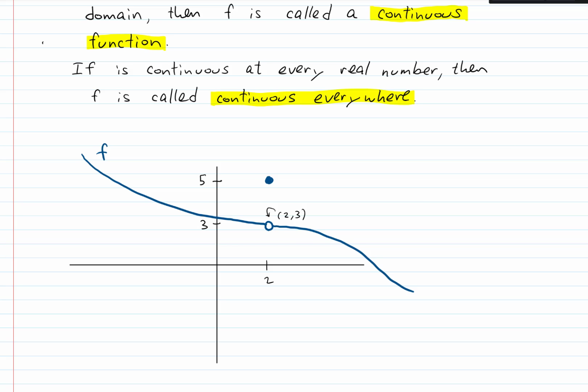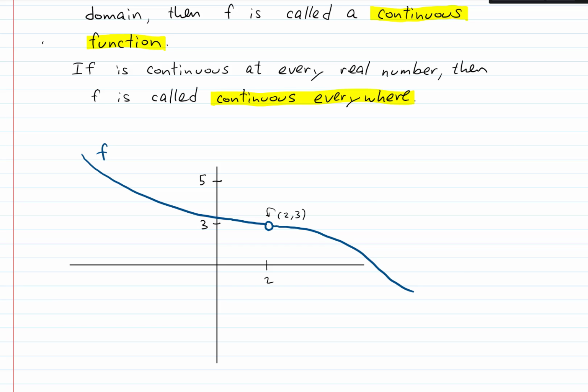Let's take that point away. Now look at that function. And I ask you, is that a continuous function? The answer is yes. That function is now continuous, even though there's a hole in it. And here's the reason why. Where's the hole at? The hole's at 2. Is 2 in the domain of this function?